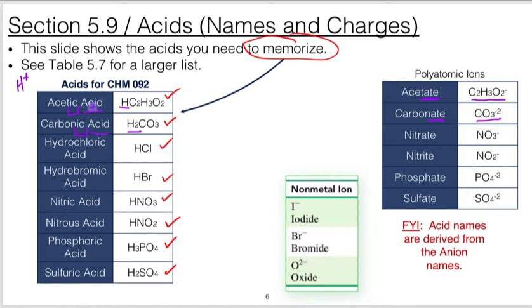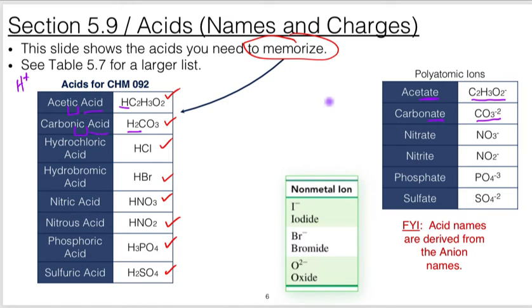So similar to what we saw in a few cases previously, there's a change in the ending to indicate that you went from one type of compound to another type of compound. You don't have to memorize all those rules, just a little context about what you're looking at. You basically just need to know these names.